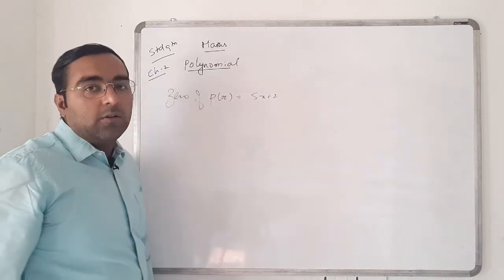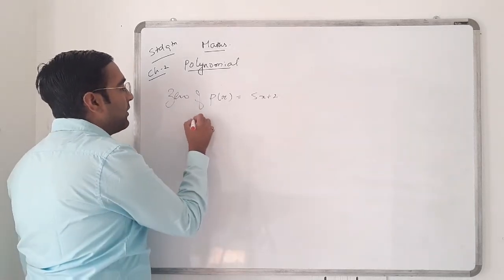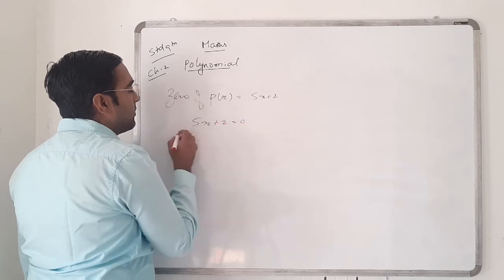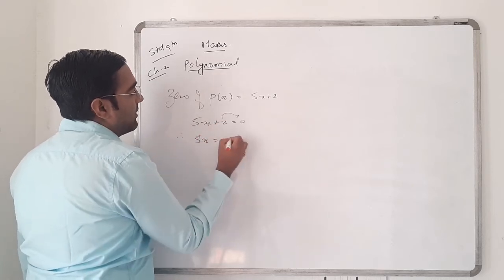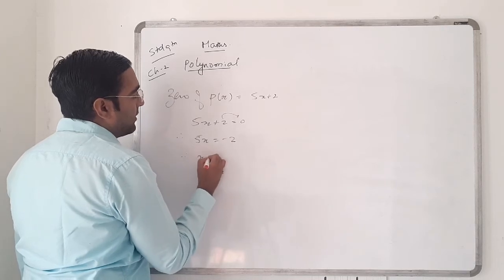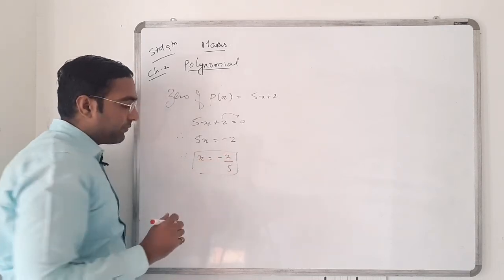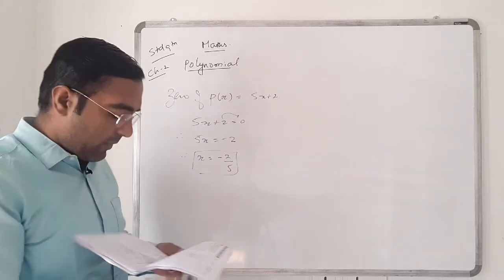So for the zero of that, we should take it equal to 0. So 5x plus 2 is equal to 0. Therefore 5x equal to -2. Therefore x equal to -2 by 5. Clear that? The value of x is equal to -2 by 5.